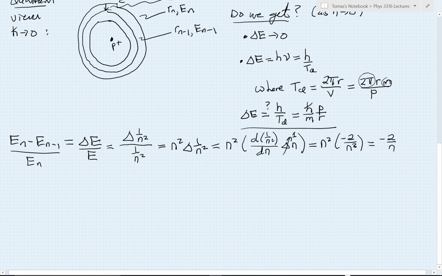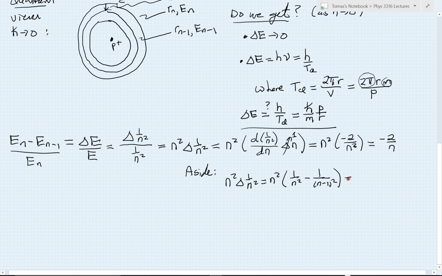Now, just as a quick aside, if you wanted to verify this, we can do the algebra directly. And I'll do it just this once because this is the first time you're seeing this sort of thing. So if I did n squared times the change in 1 over n squared, that would be equal to n squared times 1 over n squared minus 1 over (n minus 1) squared.